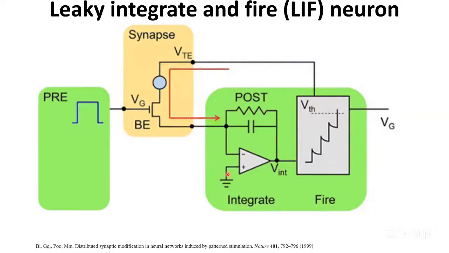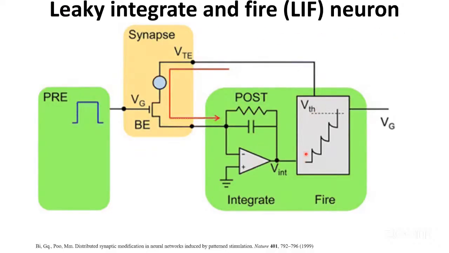And then we have a threshold, which is zero in this case. And you can put a voltage here to get another threshold. So this is the kind of neuron that can be implemented, and it mimics the neuron behavior quite well. And this is called a leaky integrate and fire neuron.